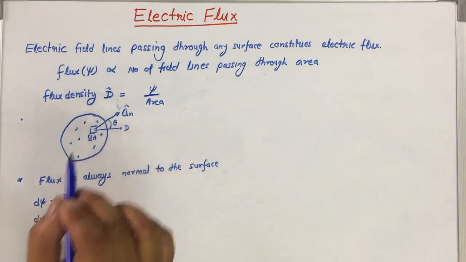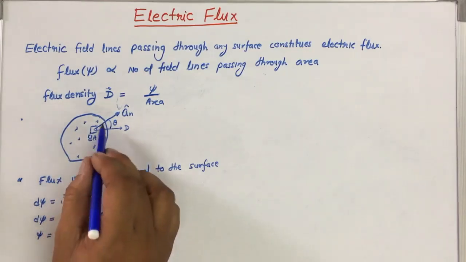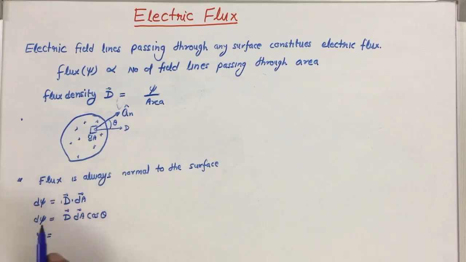For this small area we have this flux, and for the full area we will have the full flux. So flux will be the integration of D dot dA, and integration where? For the full surface, throughout the surface. So in this way the total flux is a surface integral.